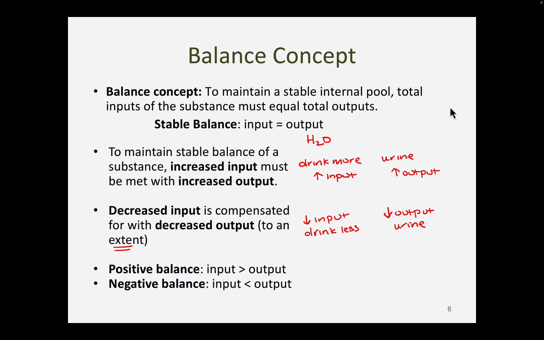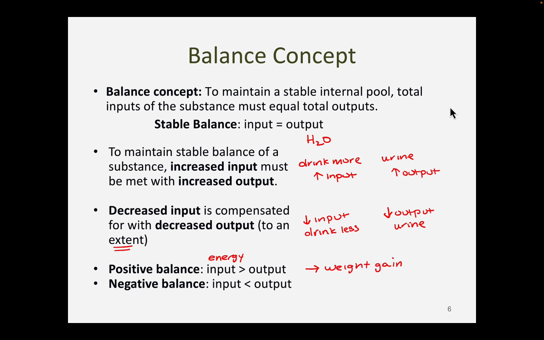Now, what happens if we don't maintain stable balance? When we consume more than our output, we're in positive balance. One of the ways to imagine this is to think about energy. When we consume more energy than we burn, we're in positive energy balance, and the body is going to show that through weight gain.